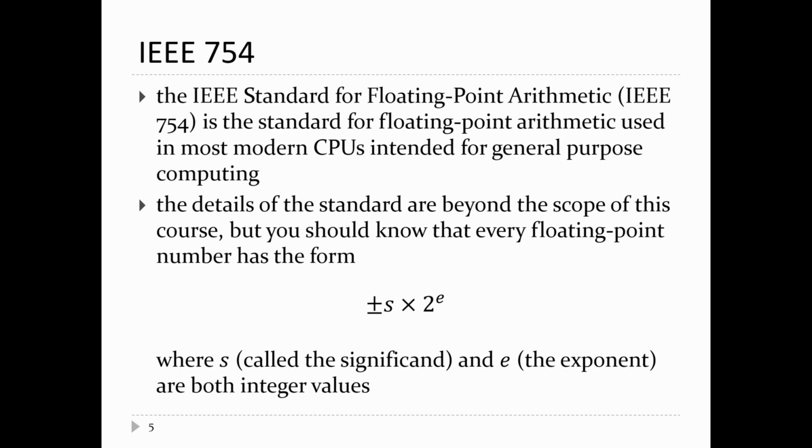You might ask how you get values that have a decimal point in them. That e can be negative, so it's divided by 2 to some exponent. s is called the significand, e is called the exponent, and they're both integers.